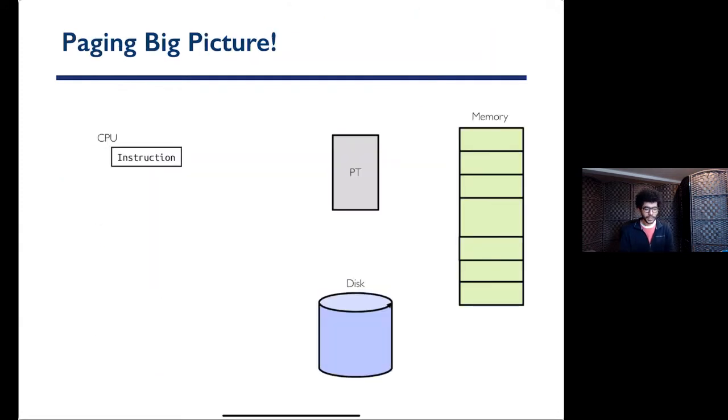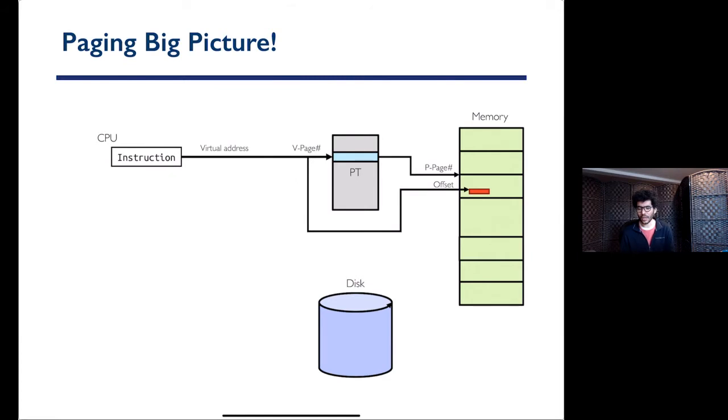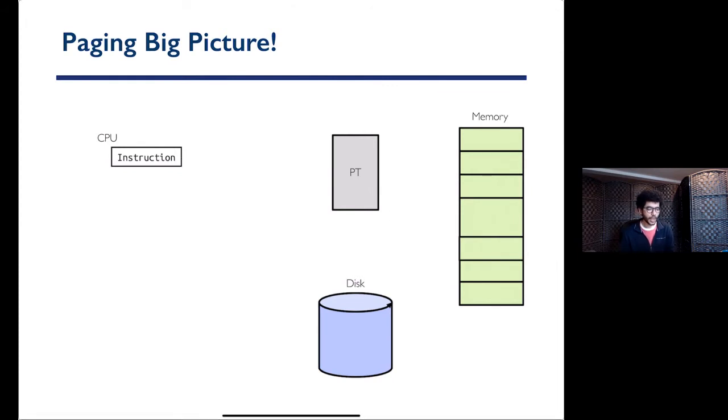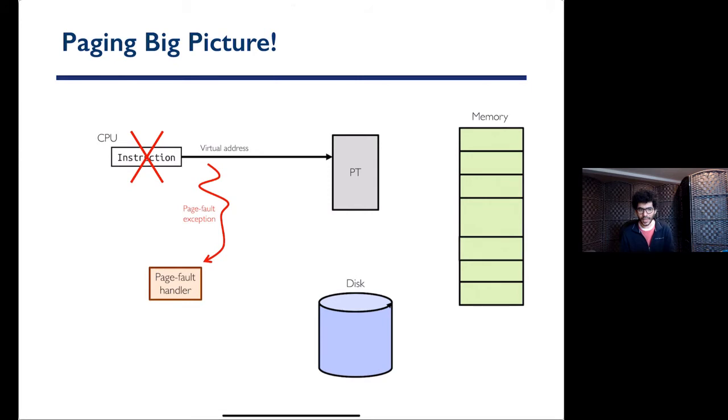So here is everything that I just talked about in the presentation. On valid page table entries, you just access your memory to read the byte that you need. If you access a page table entry that is not valid, then a page fault happens.